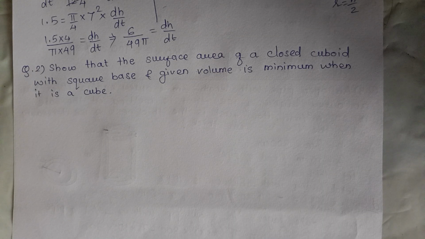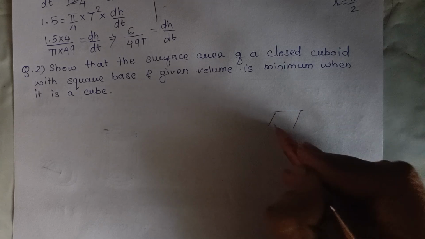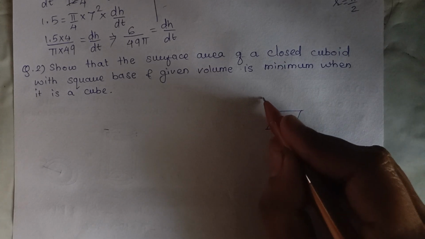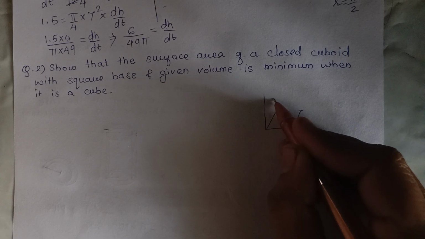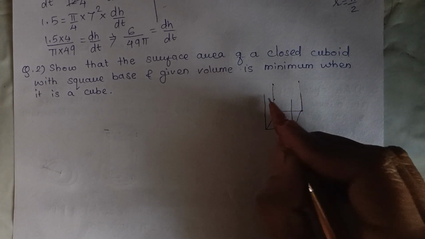Next question. Show that the surface area of a closed cuboid with square base and given volume is minimum when it is a cube. So here we have a cuboid with a square base. If you have a square base, then the length and breadth of that cuboid is same, right?